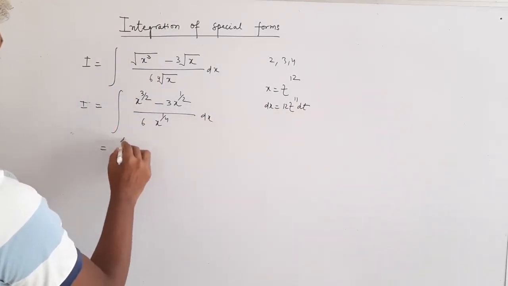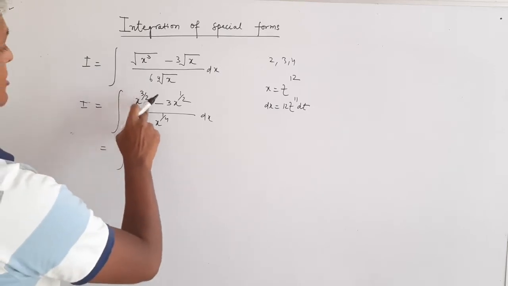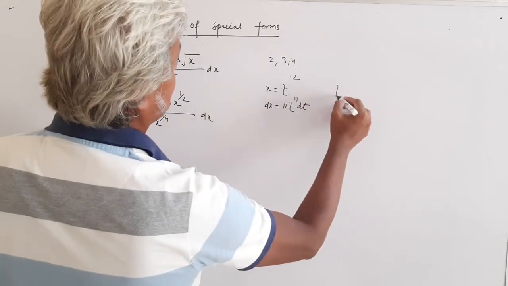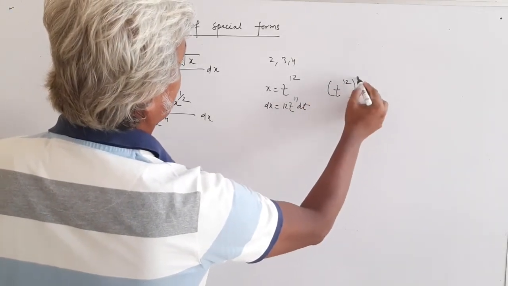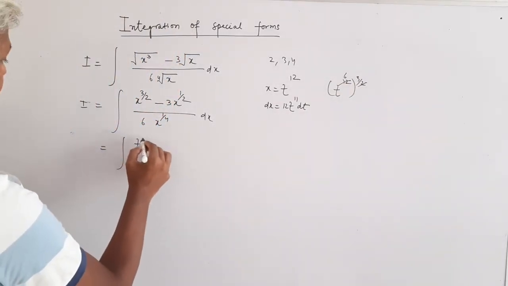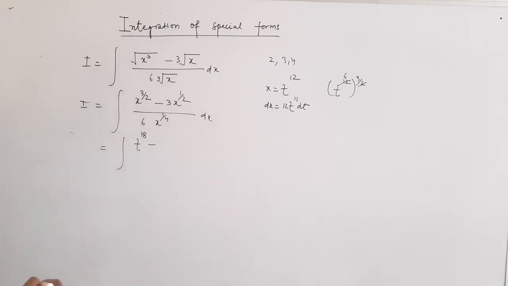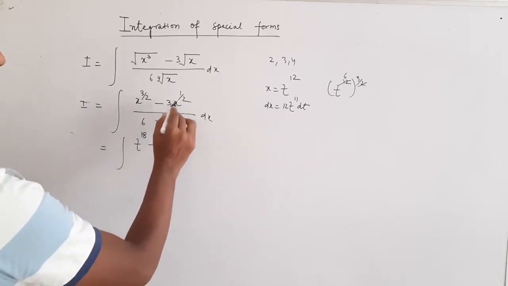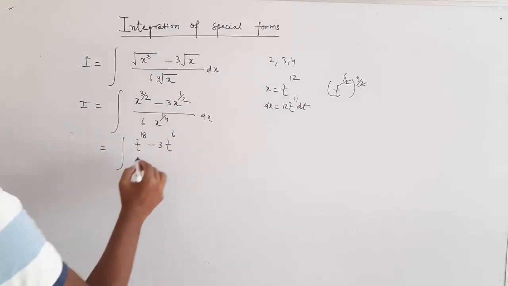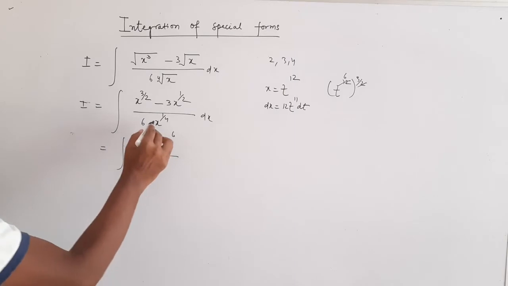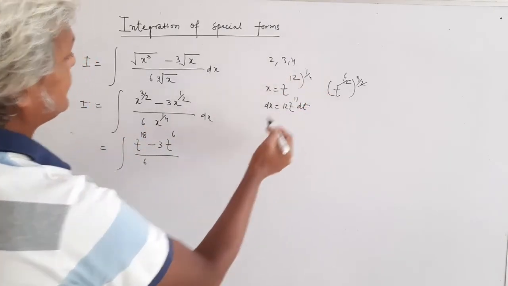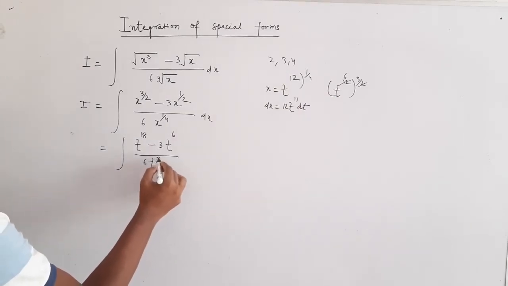So look at how this whole form takes shape. x to the power 3 by 2 means t to the power 12 whole to the power 3 by 2, which is t to the power 18. Minus 3 times t to the power 12 whole to the power half, which will become t to the power 6, upon 6 times t to the power 12 whole to the power 1 by 4, which is t to the power 3.